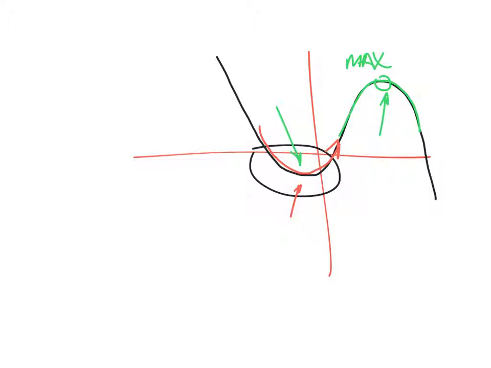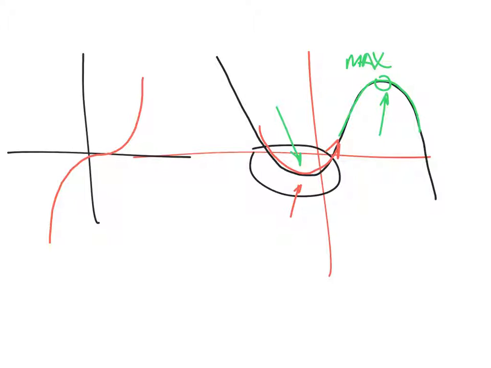So, in general, a cubic equation will have 0 or 2 local extrema points. Okay, so this one has 2. This one here, let me draw another graph that's similar to A, has 0.